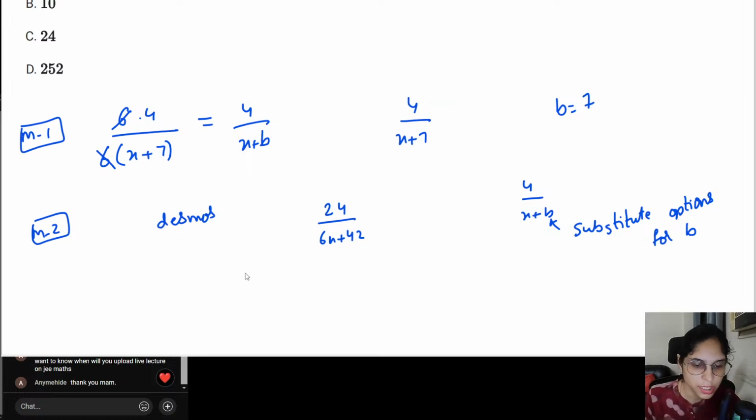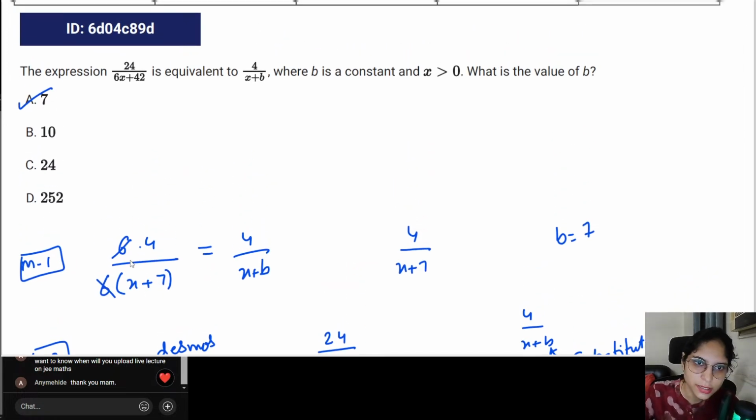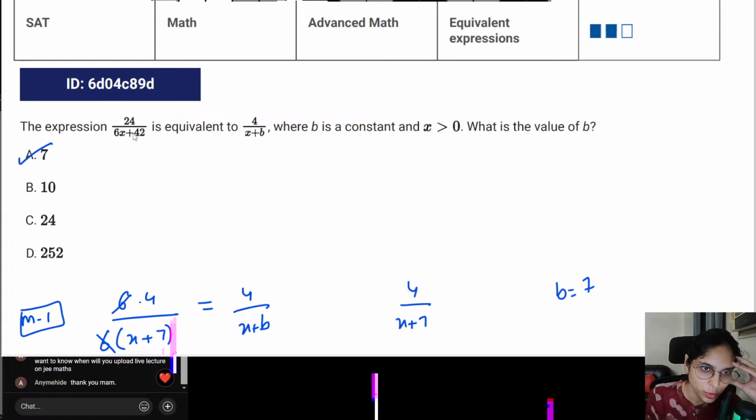Both the methods are equally important because if it's a student produced response, you cannot do method 2, you will have to do method 1. But if options are there, then yes, of course. You write 24 over 6x plus 42 and then 4 over x plus, and you keep changing the value of b for all 4 options. Next is 38.